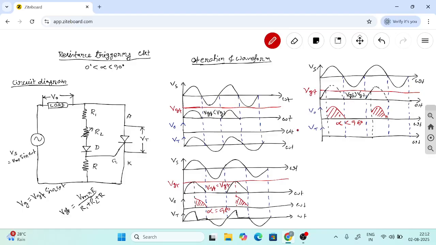And what will be the waveform across the thyristor? During off period, voltage appears across the SCR, then during on period, voltage becomes 0, then it appears during negative half cycle, then during off period, we'll get the voltage, then again 0, and again appears in negative half cycle, like this.